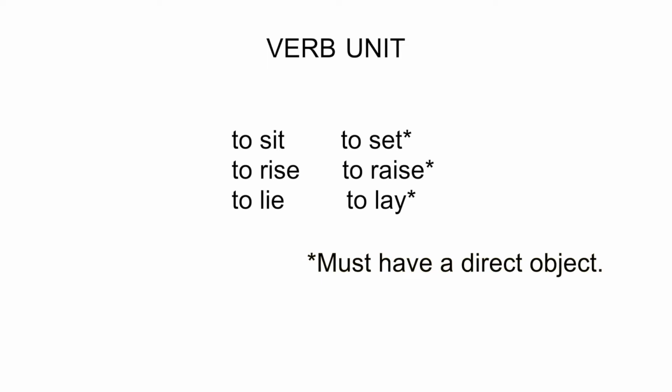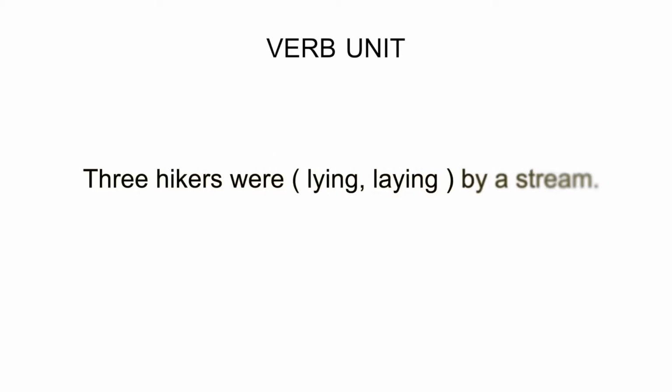In fact, to prove set, raise, and lay, laying, laid, students must point out the direct object. Look at this sentence. 3 hikers were lying or laying by a stream. We delete the prepositional phrase by the stream because it won't be anything important in the sentence. There can't be a direct object because we've deleted by the stream. It's like erasing it from the sentence.